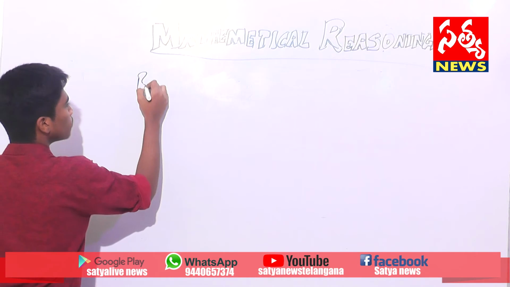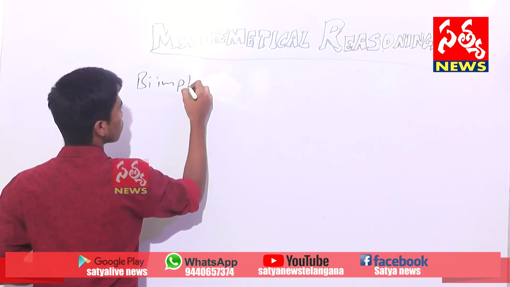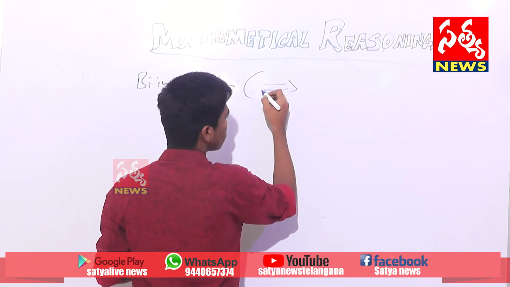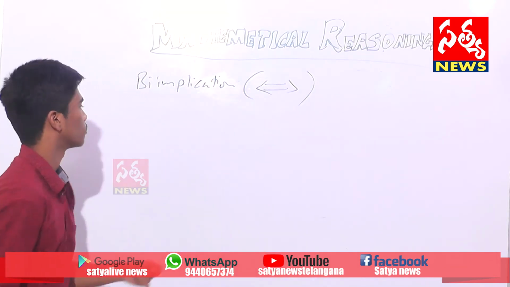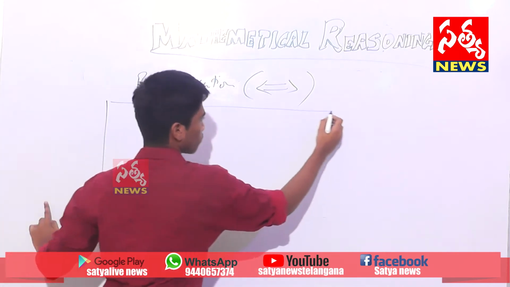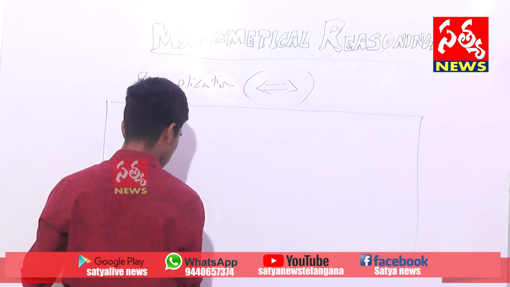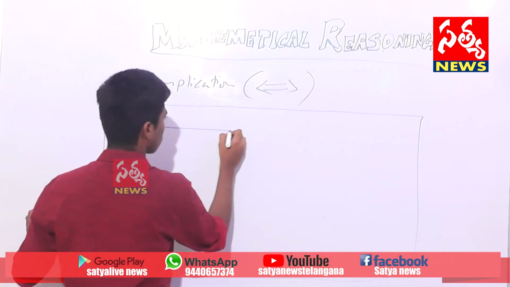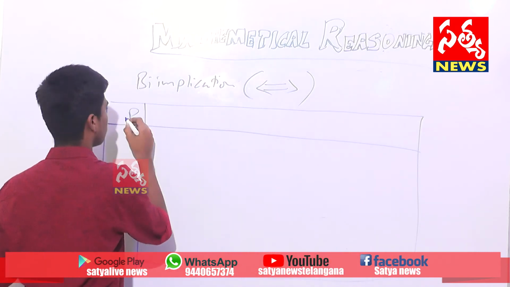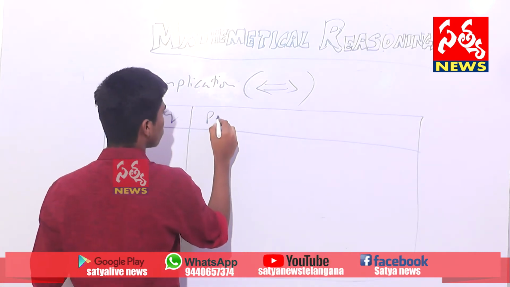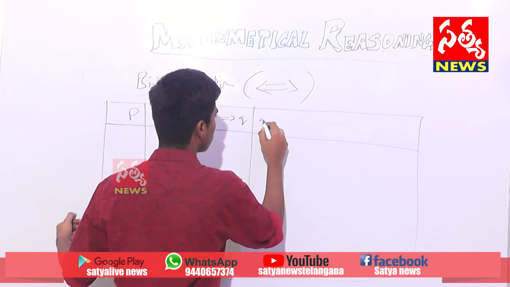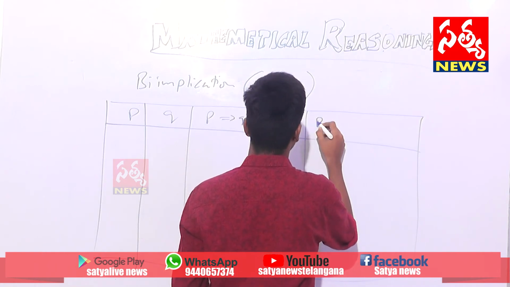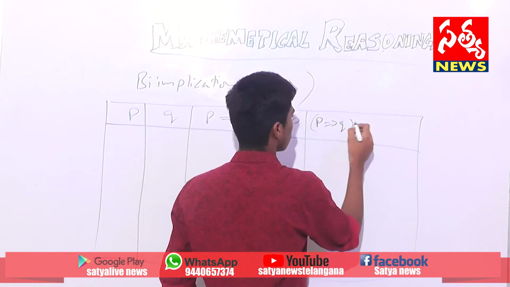The next is biimplication. The symbol for this is this, okay? There's a big table for it. P, Q, P implication Q, Q implication P. The last is the conjunction of the two.